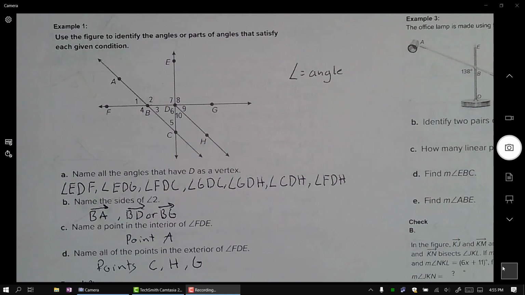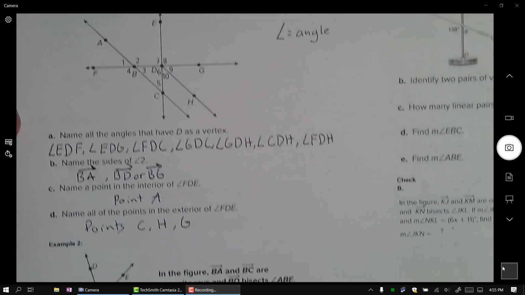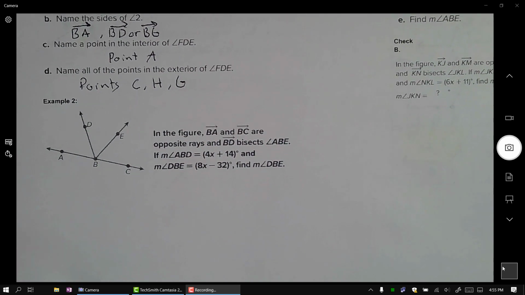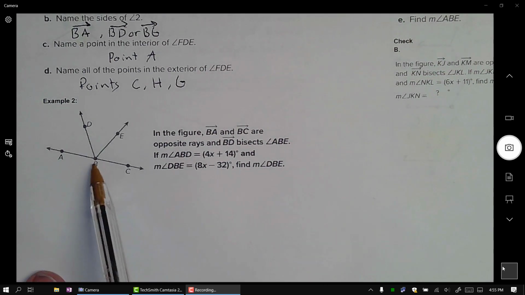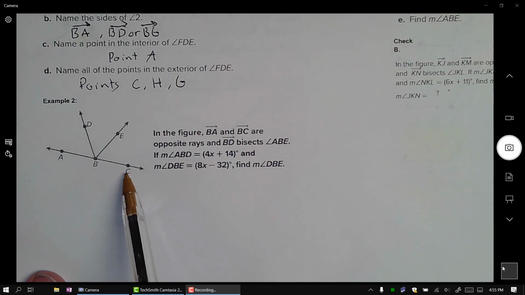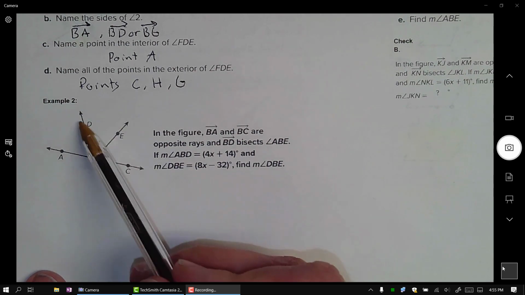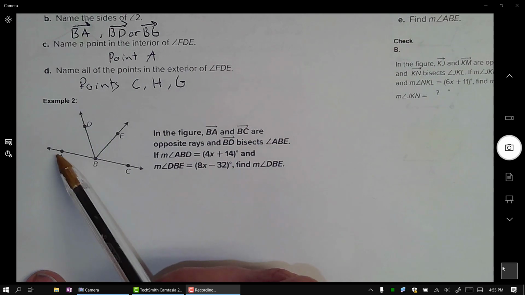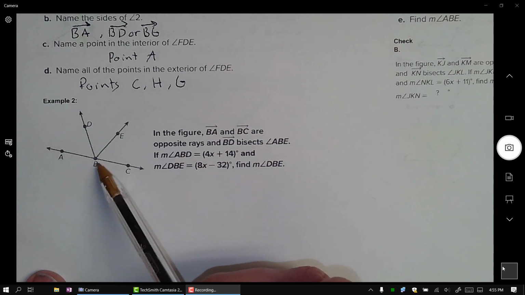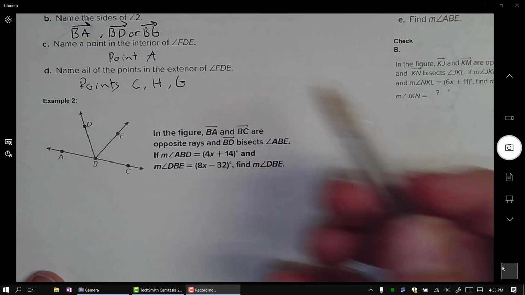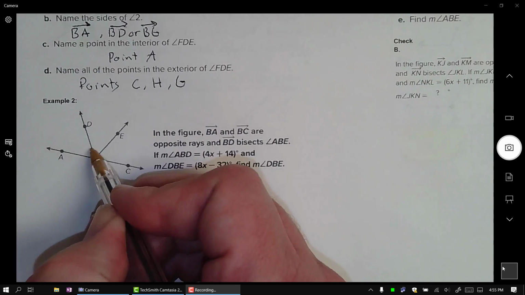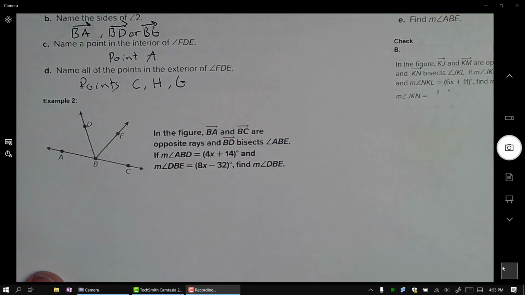All right. Let's take a look at example 2. So in the figure, ray BA and ray BC are opposite rays, and BD bisects angle ABE. As we learned last time from bisecting, that means that this angle and this angle are going to be equal to each other.